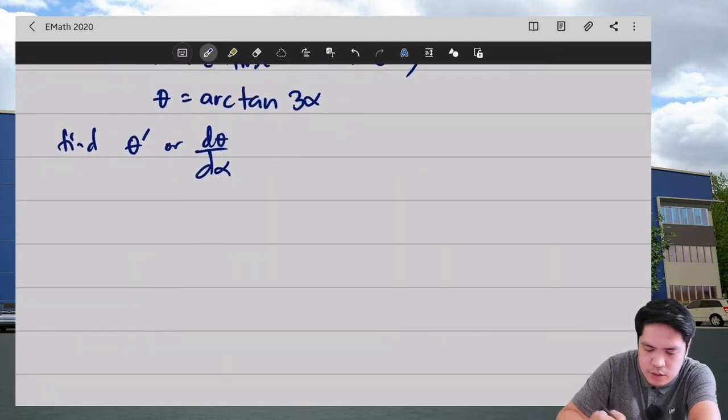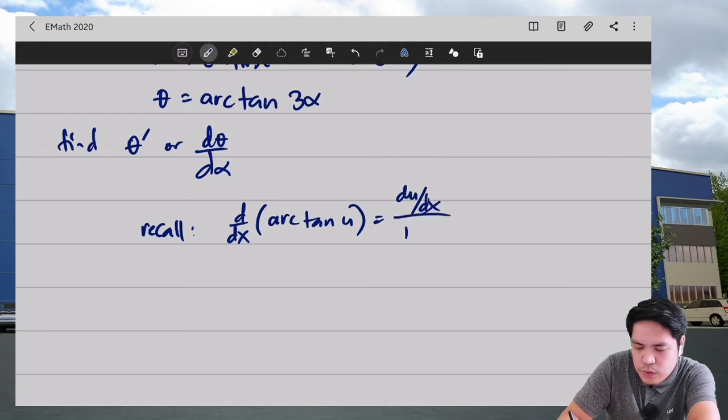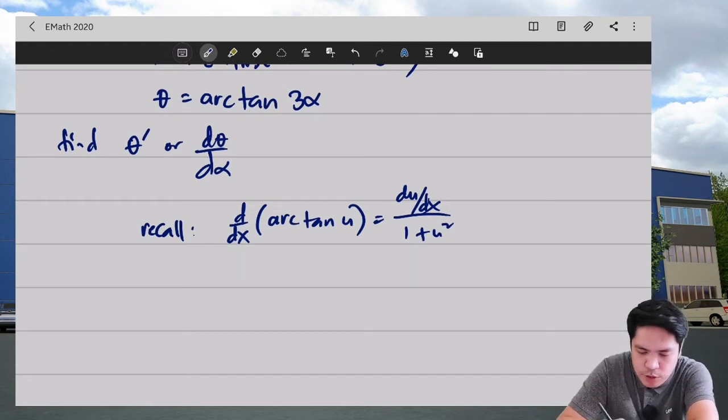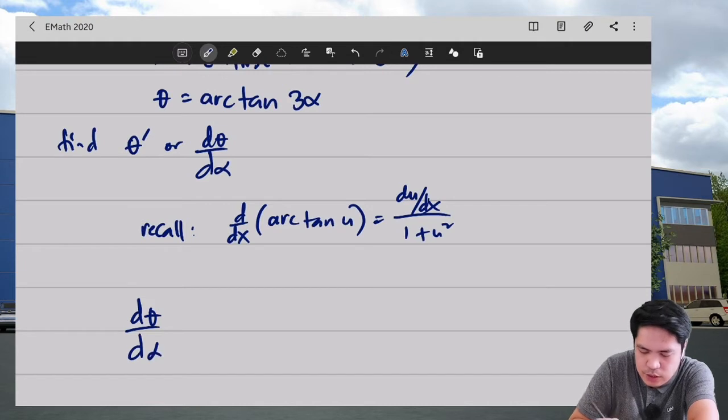We just need to recall that the derivative of arc tangent u is just equal to the derivative of u over 1 plus u squared. In this case, this is not a function of x, this is a function of alpha. Okay?